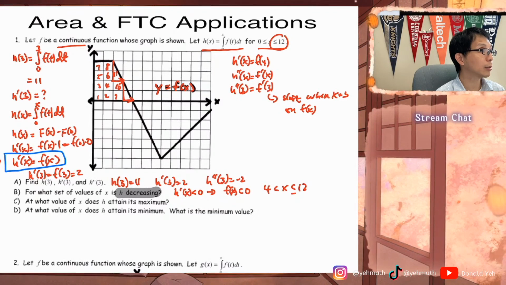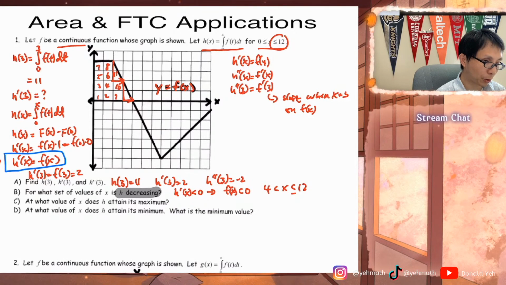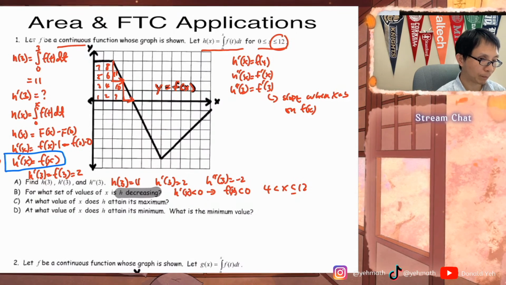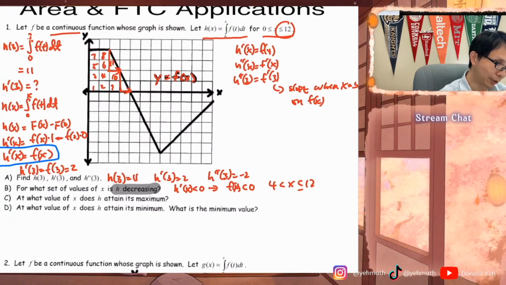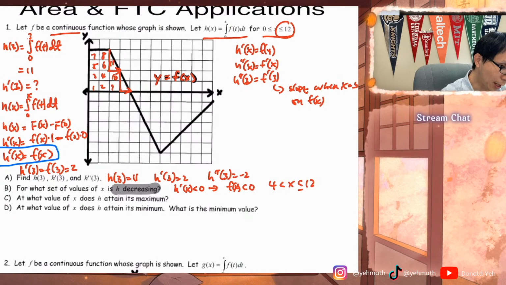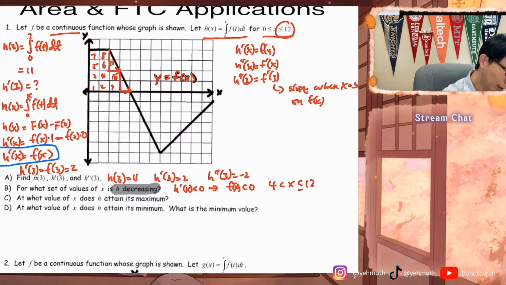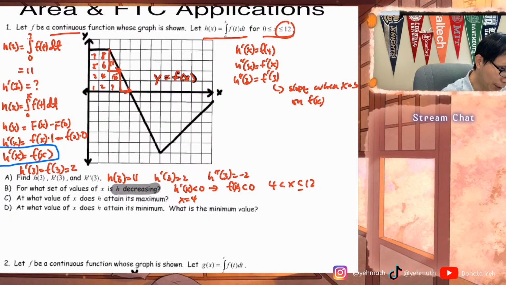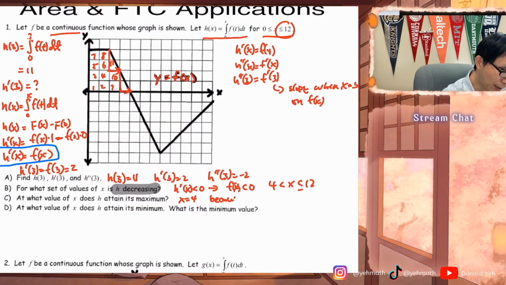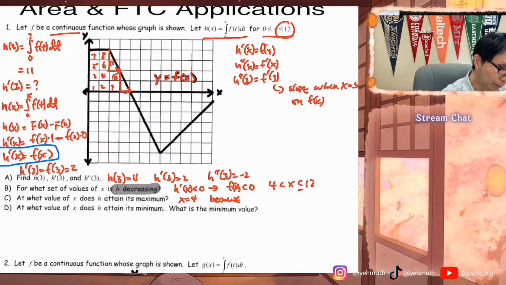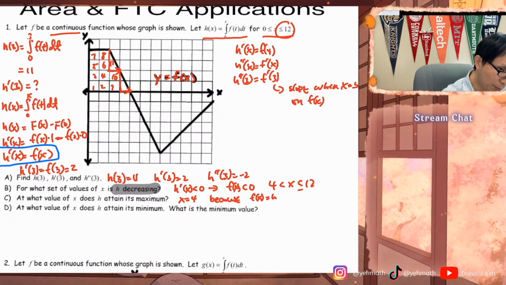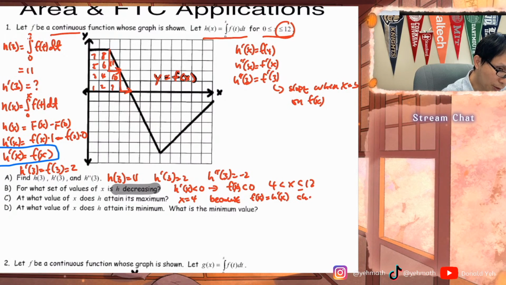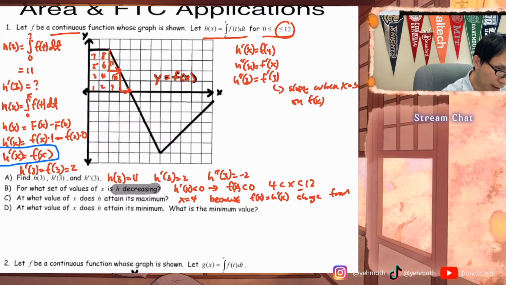Okay, Gage? 4. Why x equal to 4? With your whole thing you were saying about f of x, it would be when f of x is changing from positive to negative. Right. So, you're going to say x equal to 4 here because, and you need to justify this, f of x is equal to h prime of x and changes from positive to negative.